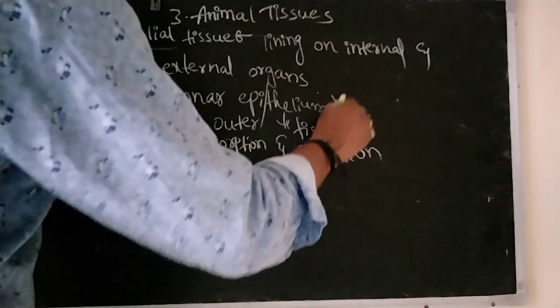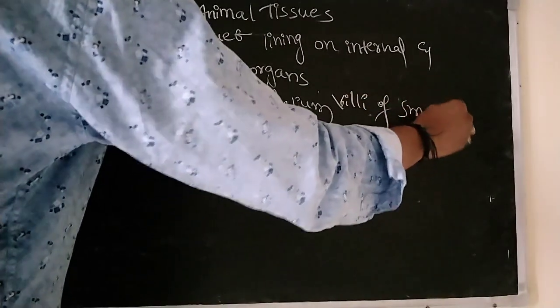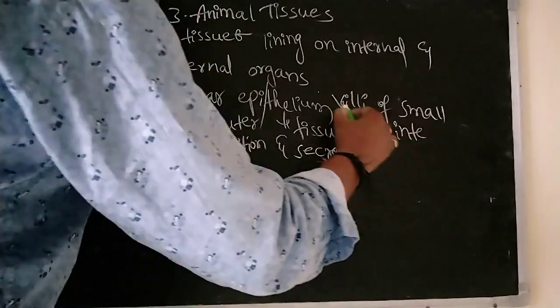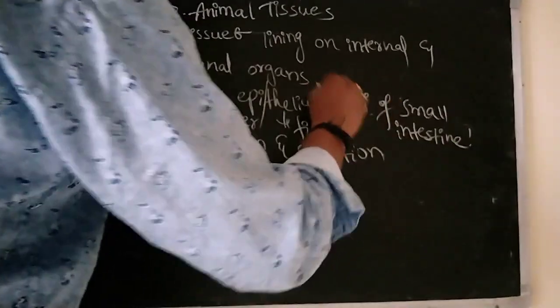For example, the villi of the small intestine. The villi, which are thousands of finger-like projections in the small intestine, absorb food and give it to blood.